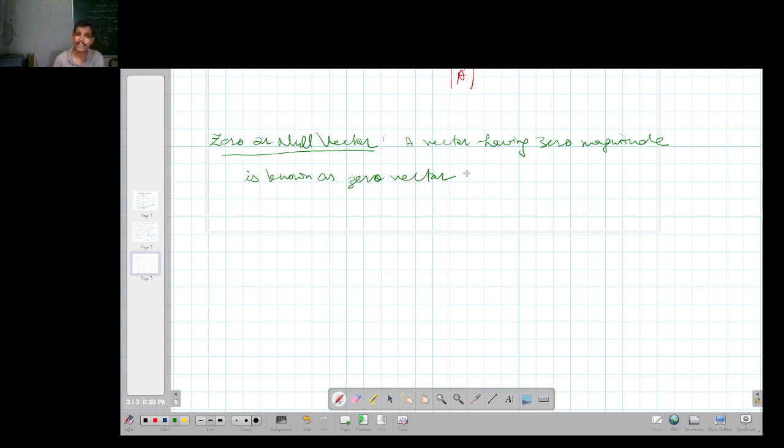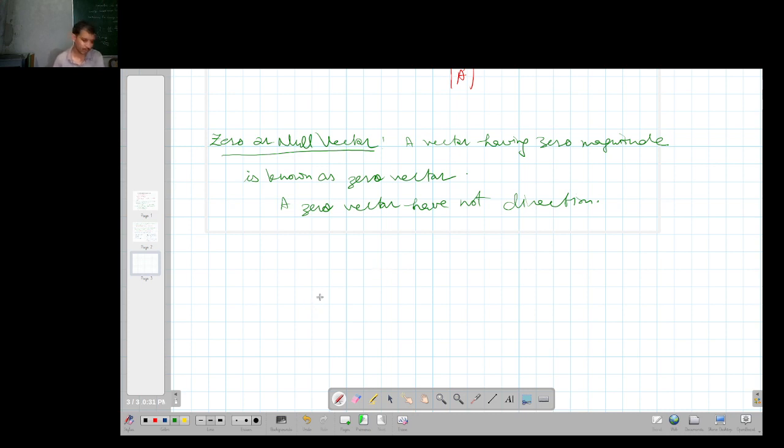A zero vector has no direction, and sometimes we say that it has arbitrary direction. Means its direction will become the same as that of the vector when it is added with some vector, right?